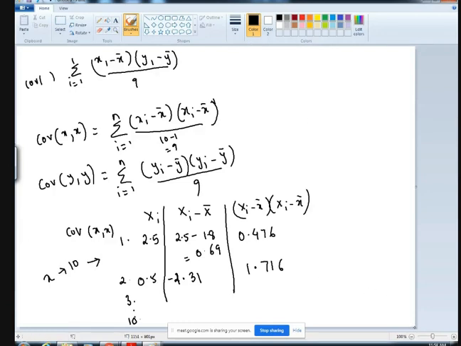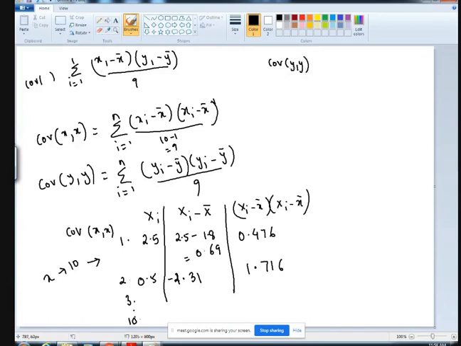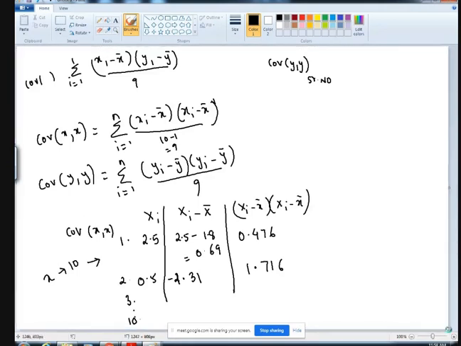Similarly, you're going to find the covariance of y comma y. To find it out, again I will need the serial number, 1, 2, 3, and so on till 10. Then you write which instance you're working on, which yi, then yi minus y bar, that means the mean, and then yi minus y bar multiplied by yi minus y bar, right?